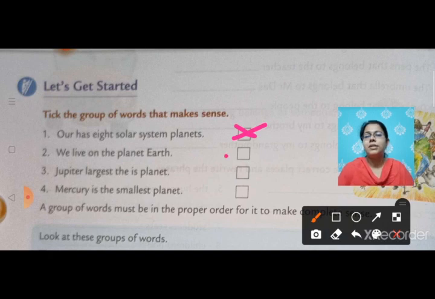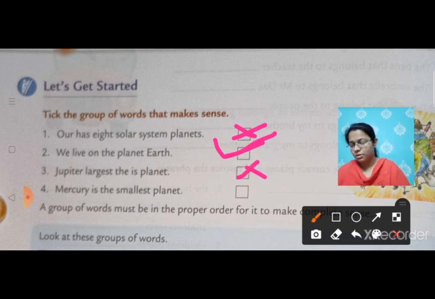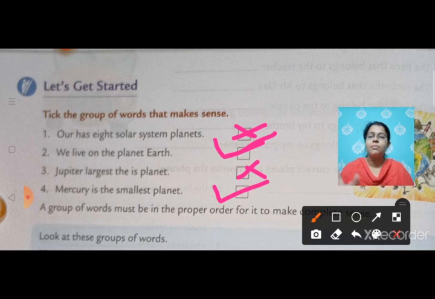Now this sentence has a sense, so we are going to put tick mark over here. Jupiter largest the is planet. Now this sentence is also not having a complete sense, so we are going to put a cross over there. Mercury is the smallest planet. Now this sentence again has some sense.